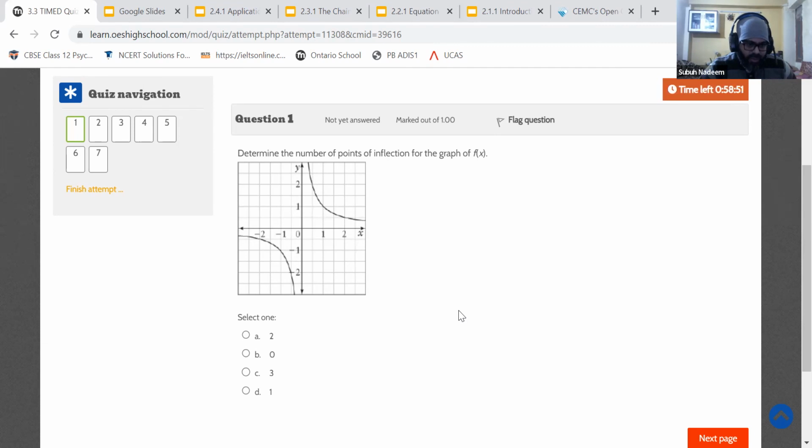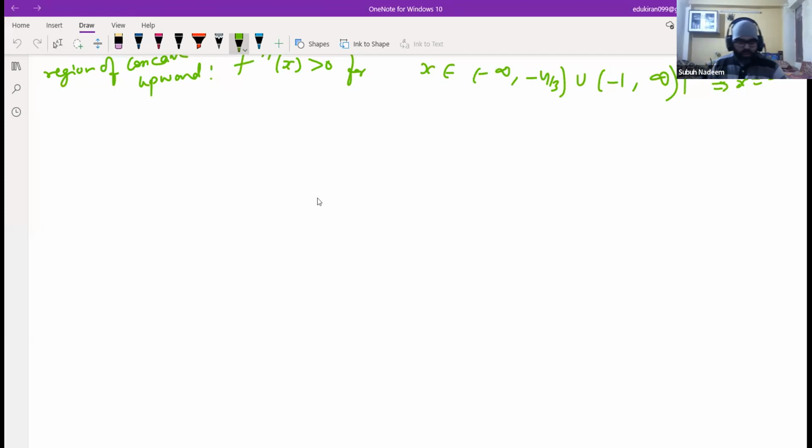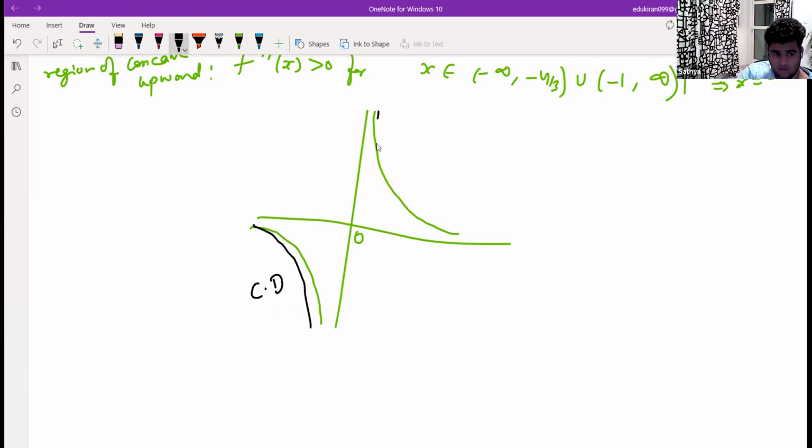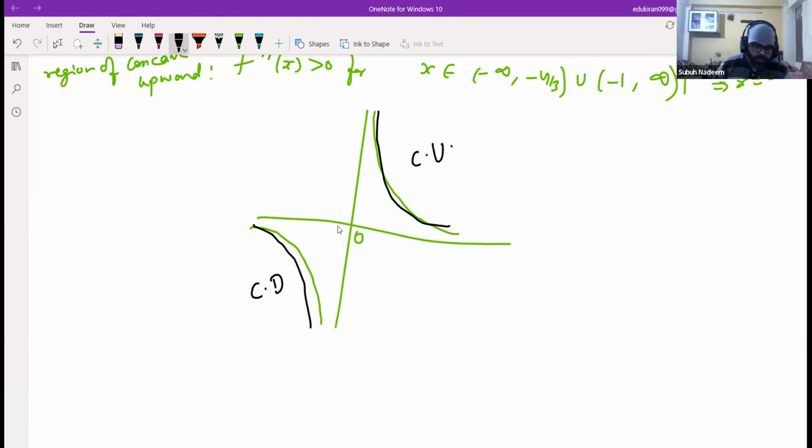Look, what is happening over here? If conceptually we see it, I hope this should be the answer. I don't know if they have given another answer, because they technically give questions which are controversial for some people. But if you see correctly, this is the graph. Here the graph is concave downward, and here the graph is concave upward. This point is where it changes its nature from concave downward to concave upward.